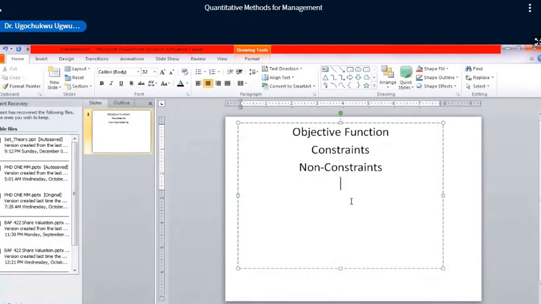How do you go about setting this kind of objective function? Since it is a maximization rule, the objective function will be to maximize z subject to the following constraints.